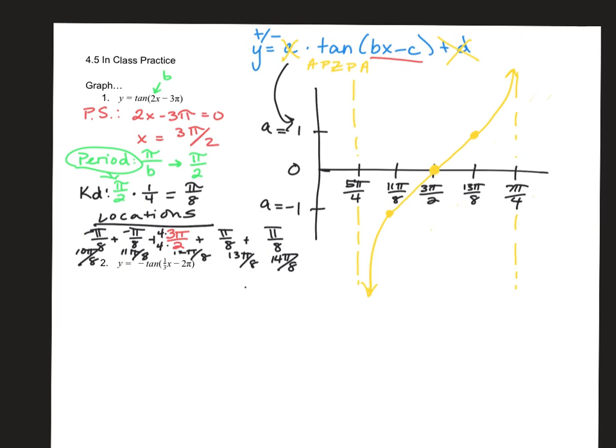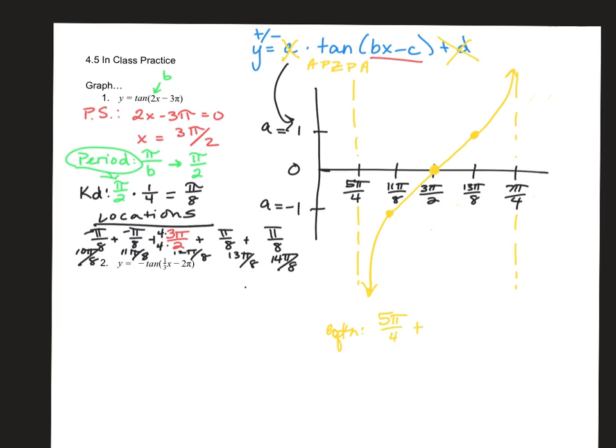One last thing that you need to be able to do, and that is write the general form of the equations of the asymptotes. Oof, not sure what letter I was writing there. So the general equation of the asymptotes is going to be, you're going to pick one of the asymptotes. It does not matter which one. I'm just going to pick the first one here, the 5 pi over 4.